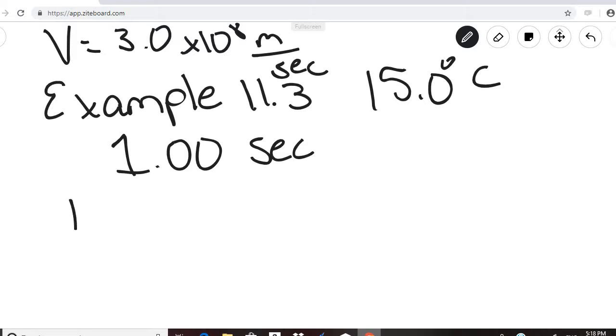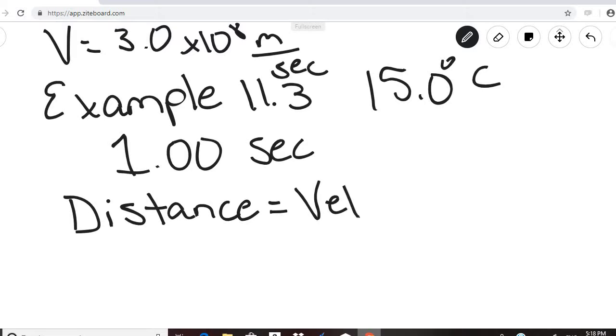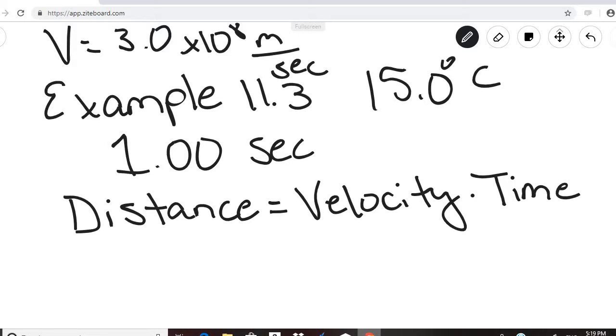So we know that distance is equal to velocity times time, right? And we were given the time as 1 second. So if we can determine the velocity of the sound at this temperature, then we should be able to determine how far away the lightning was.